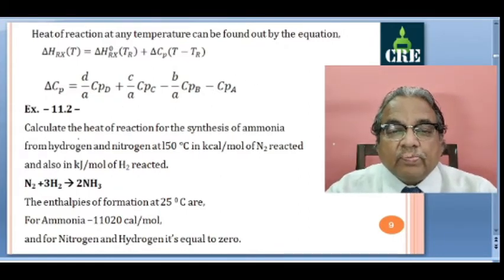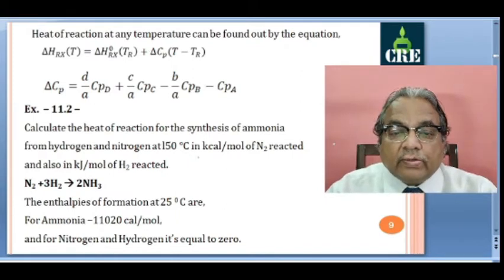So we'll see an example. Calculate the heat of reaction for the synthesis of ammonia from hydrogen and nitrogen at 150 degrees Celsius in kilocalorie per mole of nitrogen reacted and also in kilojoule per mole of hydrogen reacted.